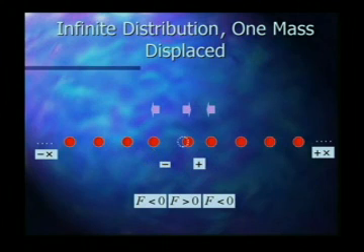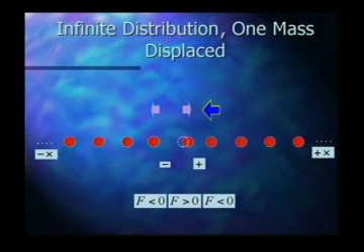And because the force goes as 1 over the distance squared, the force from this particle is larger than the force from this particle. And so there is a force to the right, as indicated by this arrow. Because forces are equal and opposite, from Newton's third law, this particle feels a force in that direction.